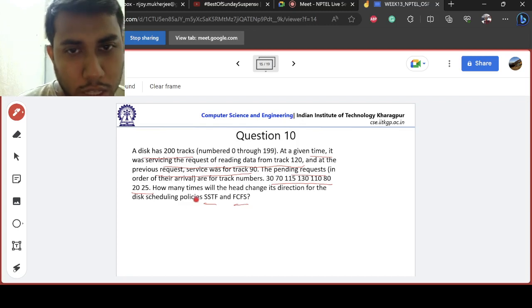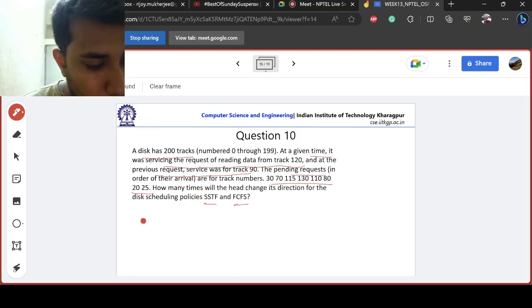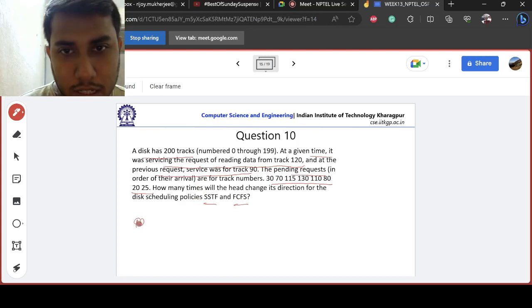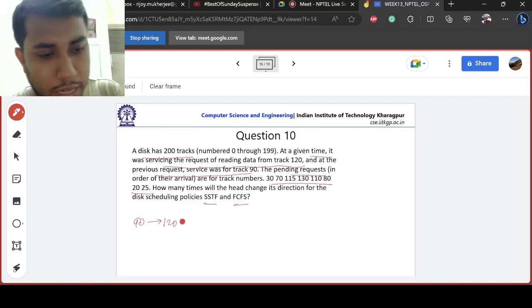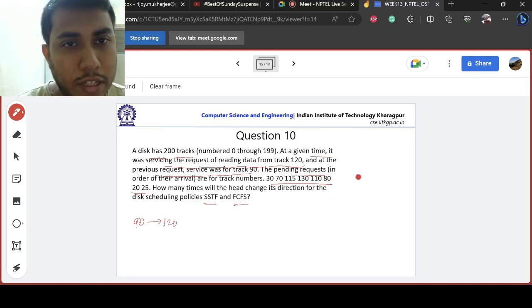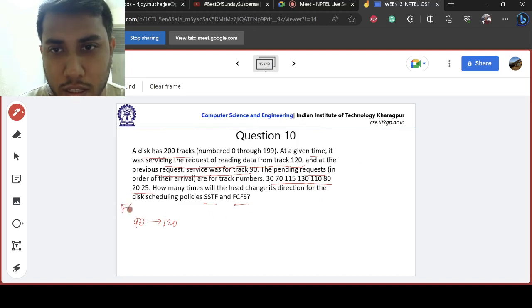So let's do FCFS first. The previous request was 90 and it came to 120, so it is going in one direction. It is going towards 199.